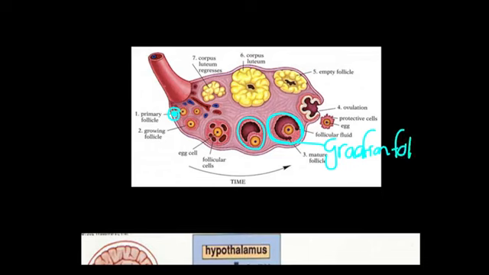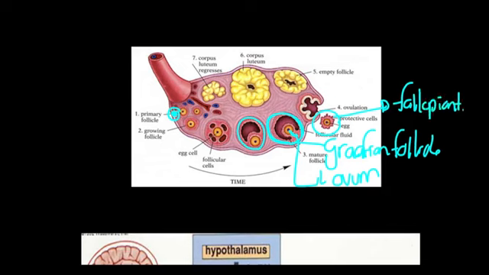Now what does that mean? The Graafian follicle is two things. Number one, it's the ovum, the egg cell. As you can see, the egg cell is going to leave the ovary because it has to go to the fallopian tubes.